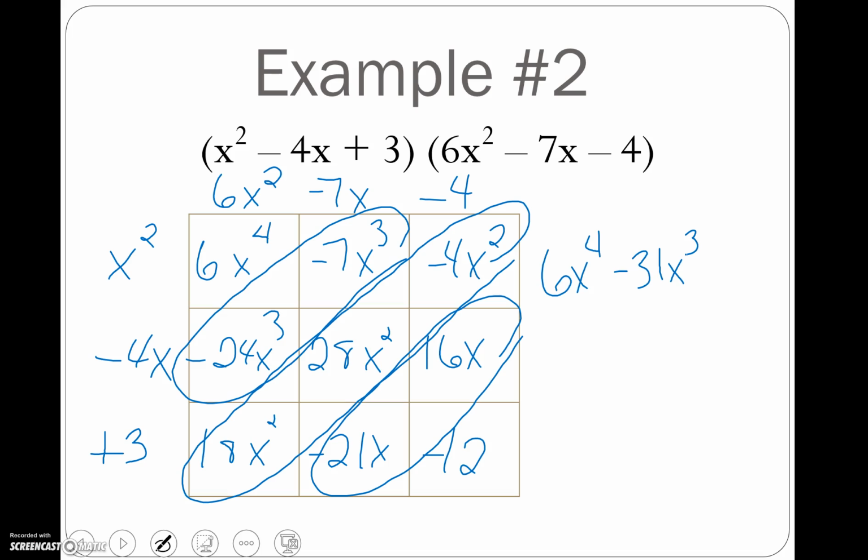So here now I have 18x squared and a 28x squared, but I also have that negative 4x squared. So what you can do is combine 18 and 28 together to get 46 and subtract off 4 more to get a positive 42x to the second power. Then finally here we have this negative 21x and the positive 16x. It's a negative 5x and ending with a negative 12. The only reason I wrote this on a second line is because I ran out of room.